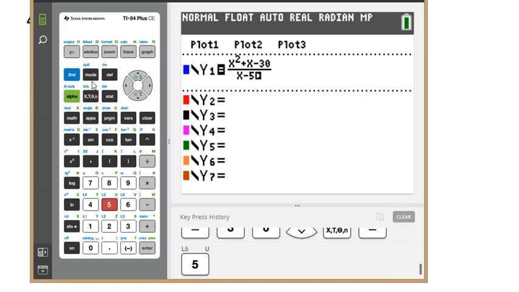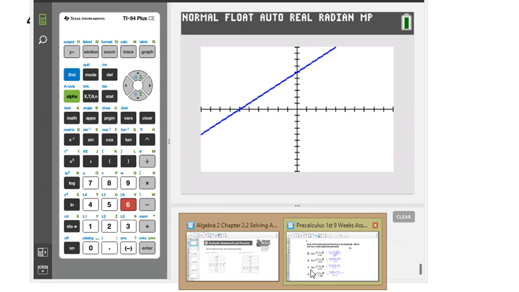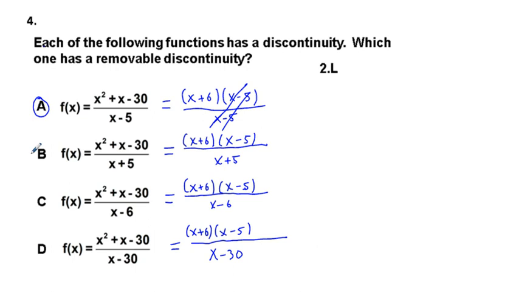I'm going to get a standard window, zoom 6. We see nothing, no breaks at all. This is not a vertical asymptote, therefore not a non-removable discontinuity, but a removable discontinuity. All these other answer choices, B, C, and D, will produce vertical asymptotes. A is our correct answer.